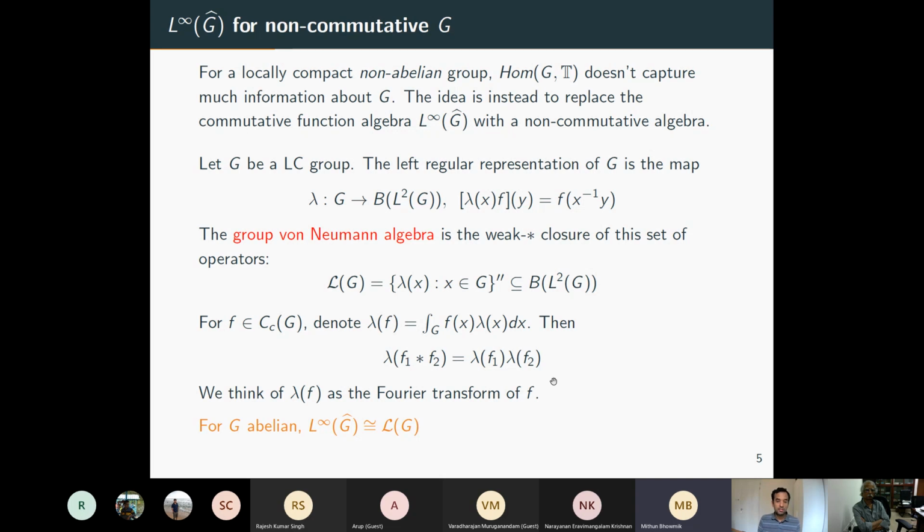Using this identification, you can show that if the group is abelian, L infinity of G hat is in fact isomorphic as a von Neumann algebra to the group von Neumann algebra LG. So this is the L infinity space we are now working with. This is what replaces G hat. There's no underlying dual group, but there's a group von Neumann algebra instead.